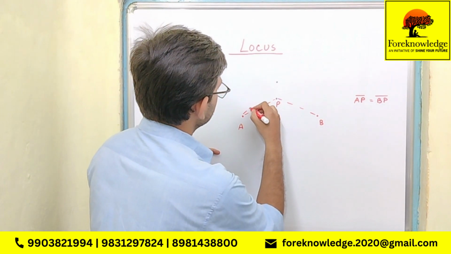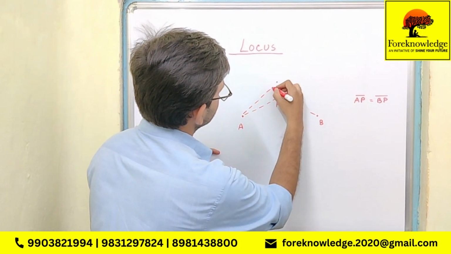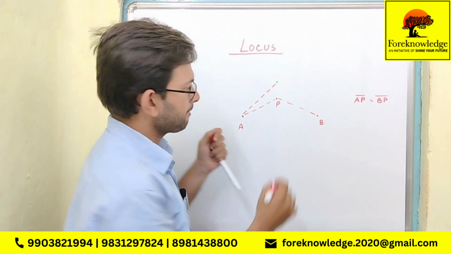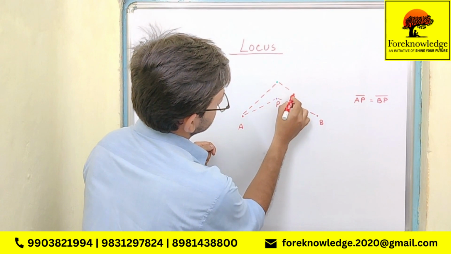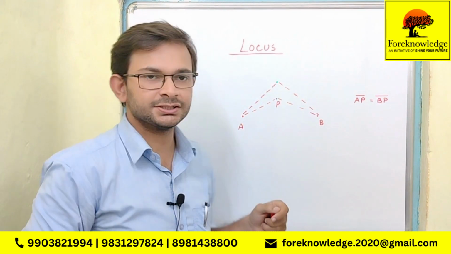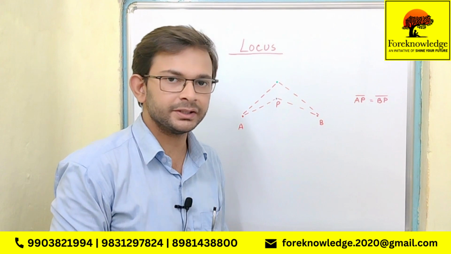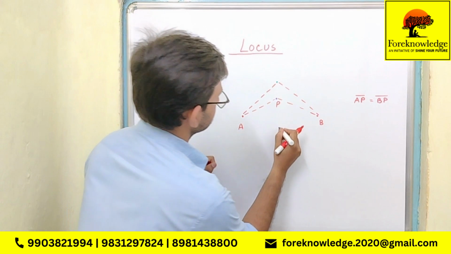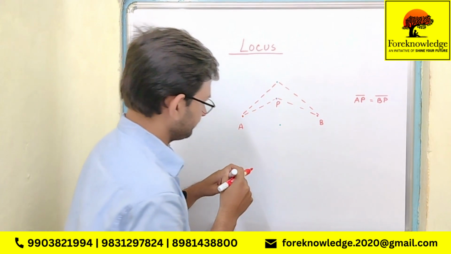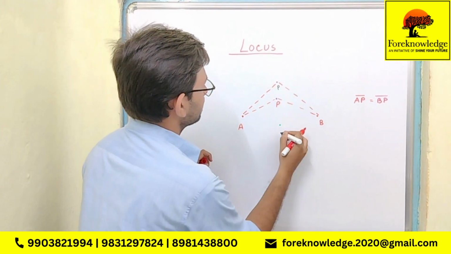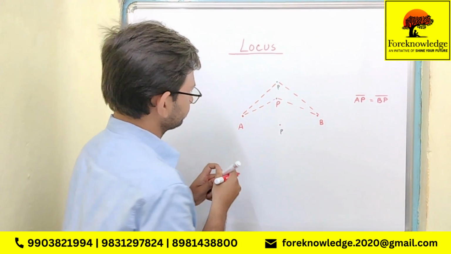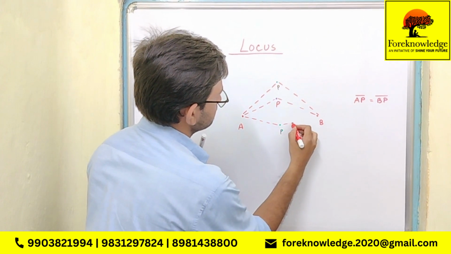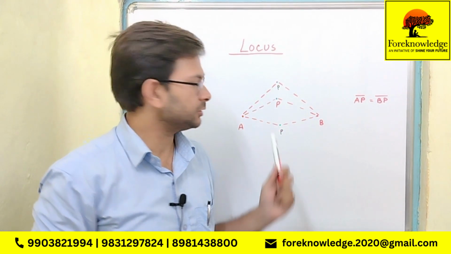Because if we calculate the distance of P from A and the distance of P from B, they should be equal, because this is the condition for movement of P. Suppose P is here, again the same condition, because AP equal to BP.